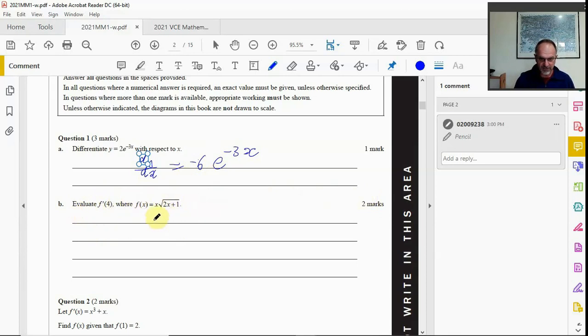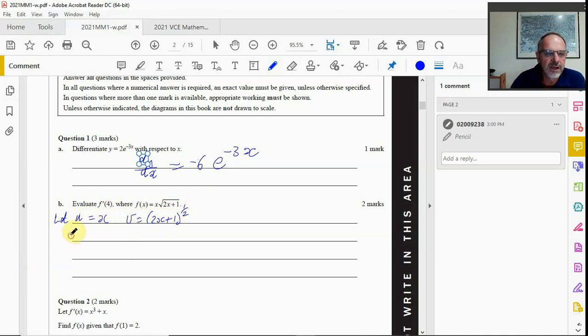We notice it's x times the square root, and that suggests to me, if it's times there, we've got the product rule. So I'm going to let u equal x, and v equal the square root. Now I'm going to rewrite that in index form so that we can differentiate.